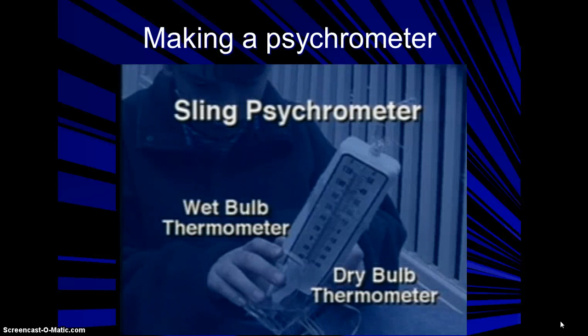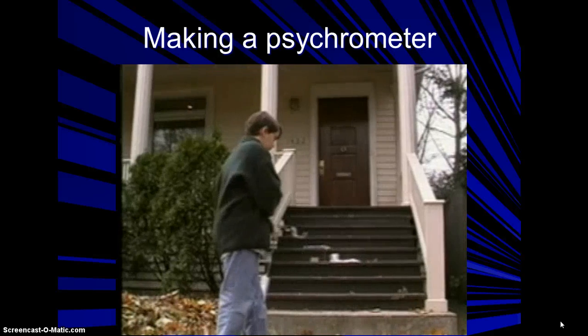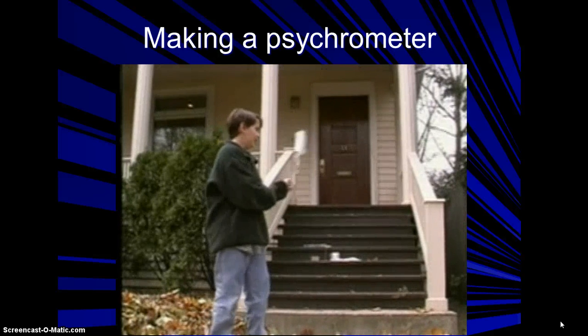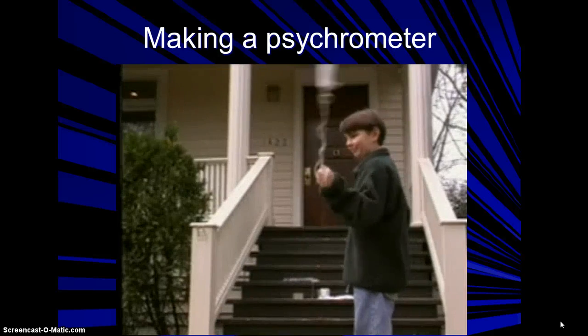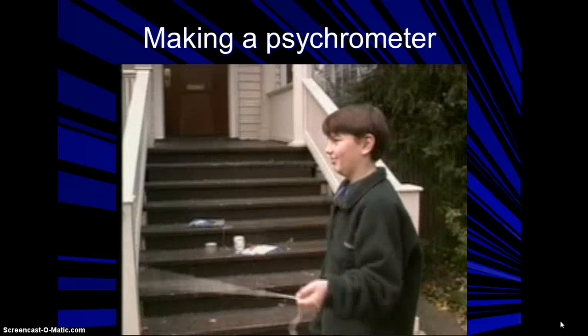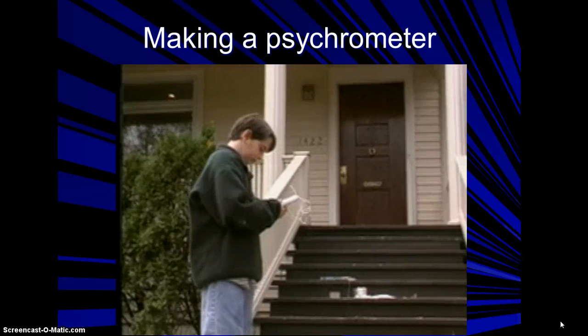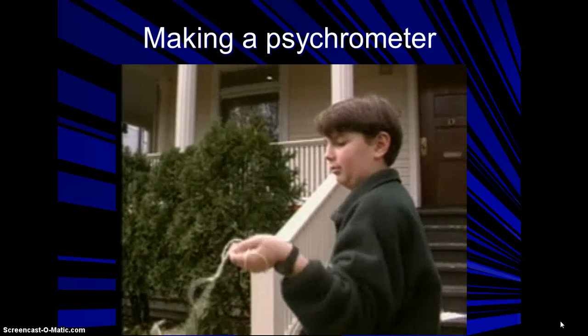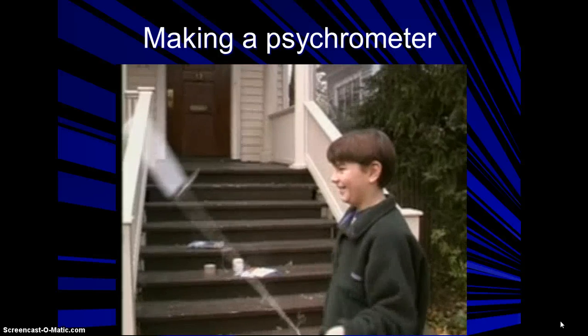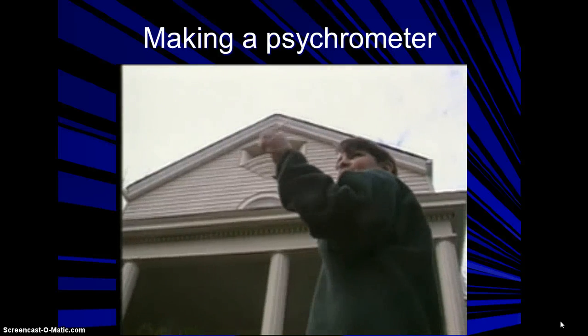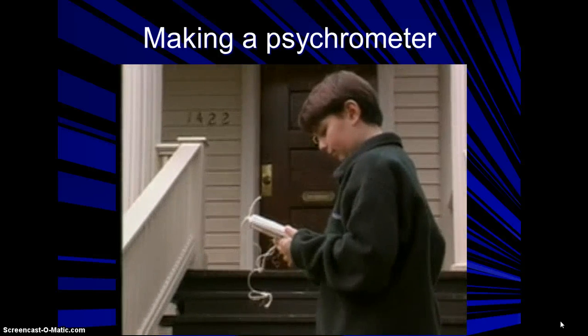Now you're ready to sling your psychrometer at a medium speed. Read the wet bulb thermometer every minute. The wet bulb temperature will fall.